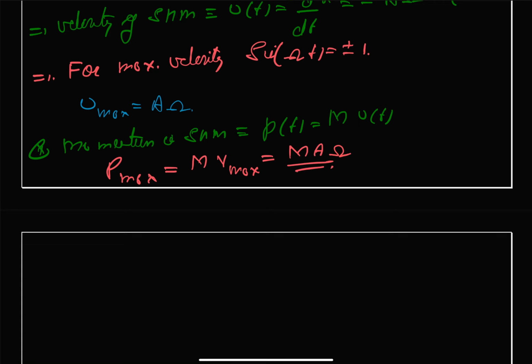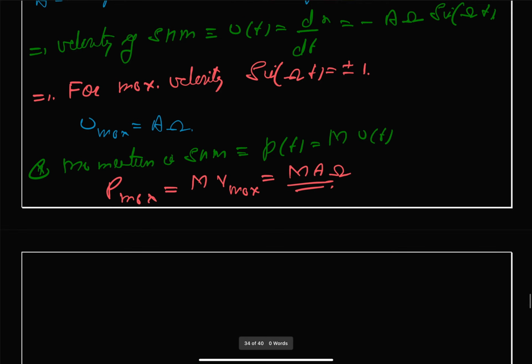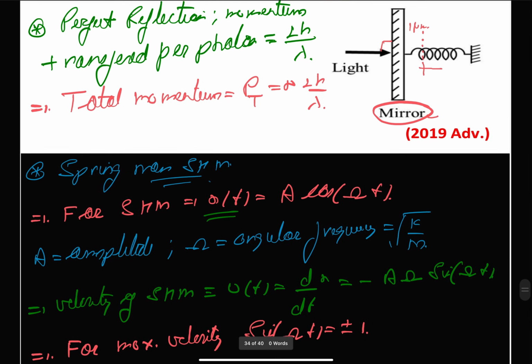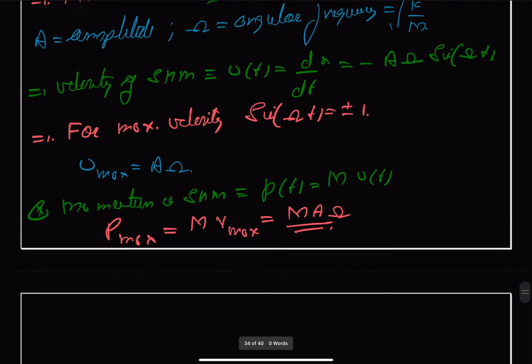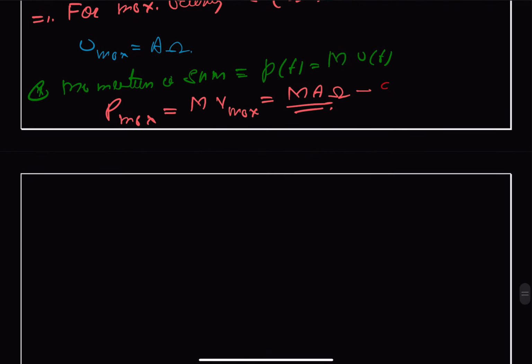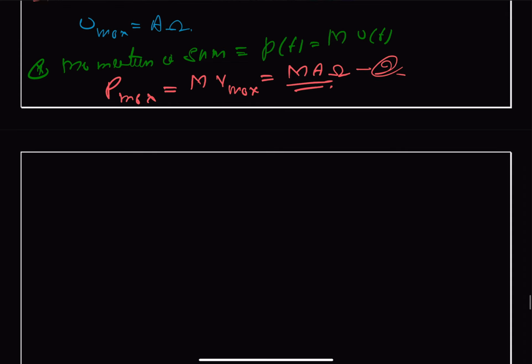So this is our maximum momentum. So we have two equations for momentum. Let us suppose this is our equation number 1, and this is our equation number 2. So both are the representation of momentum.